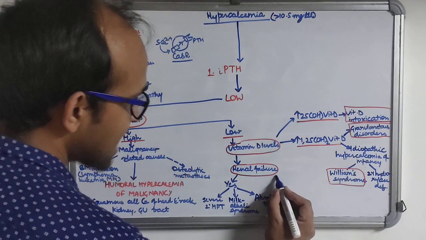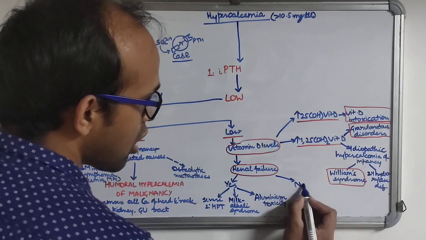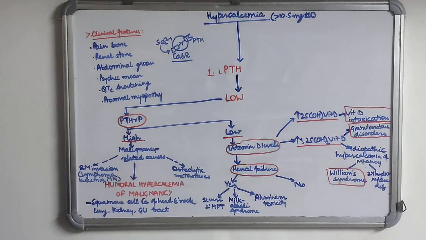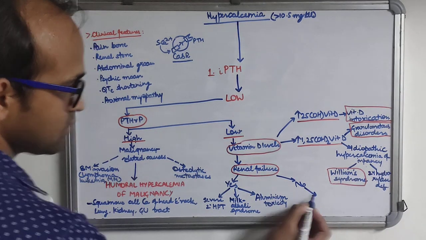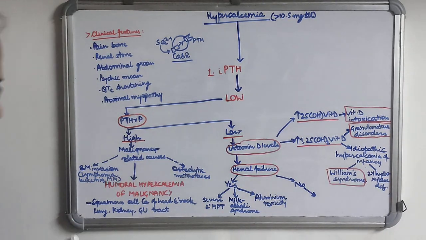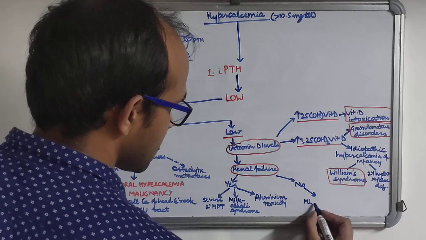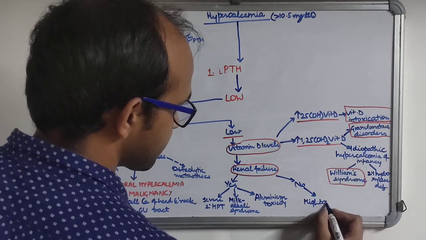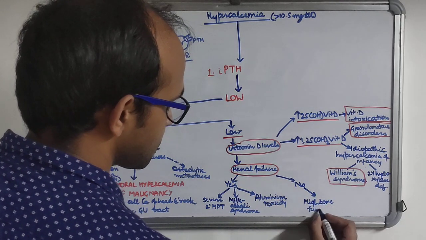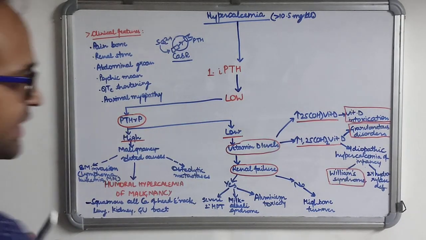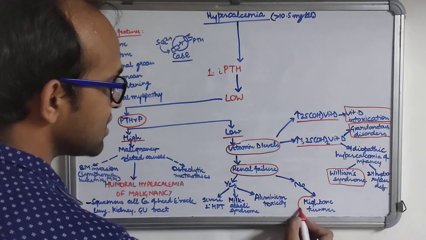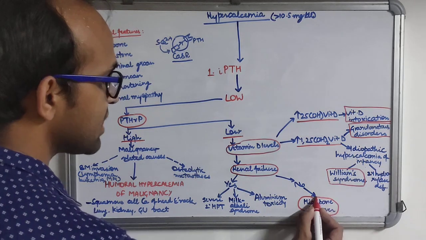Now, if renal failure is absent, then you should think of high bone turnover conditions. High bone turnover occurs in hyperthyroidism, nearly 20% of cases of hyperthyroidism.